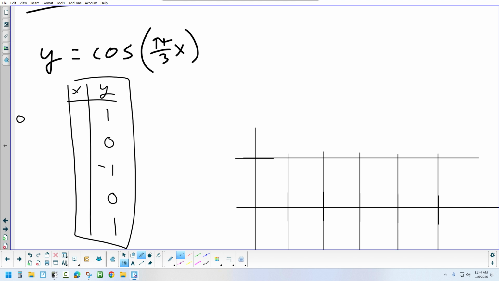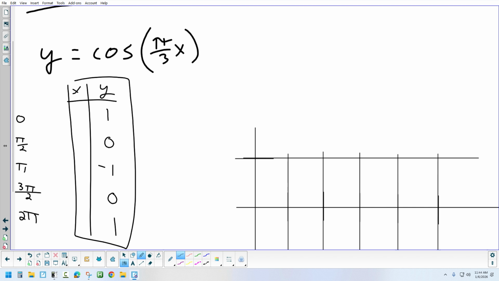0, pi over 2, pi, 3 pi over 2, 2 pi. Okay, so I got all my original x's. Now I have to find the new ones.